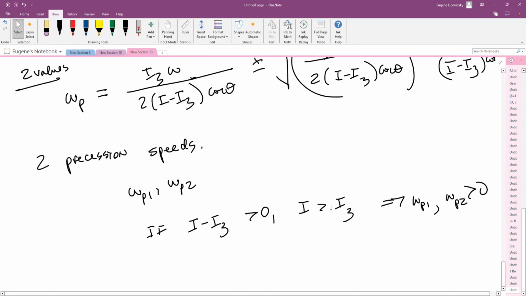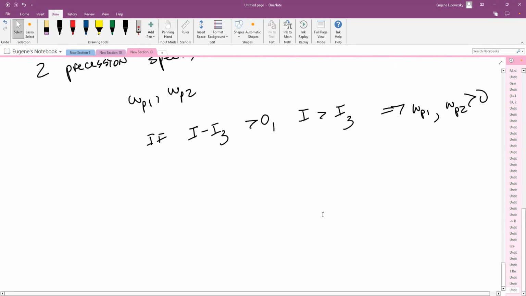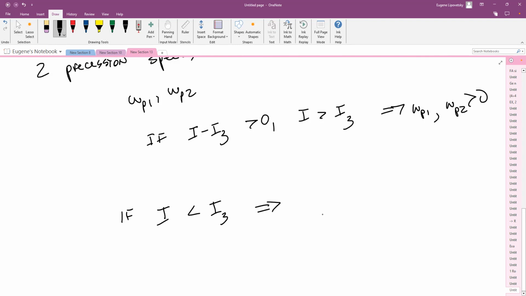So both are precession speeds in the positive direction. However, if I is less than I sub z, then omega P1 and omega P2 have opposite signs, one positive, one negative.